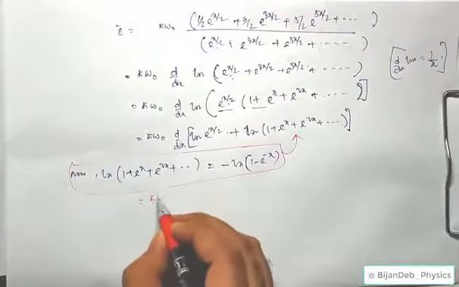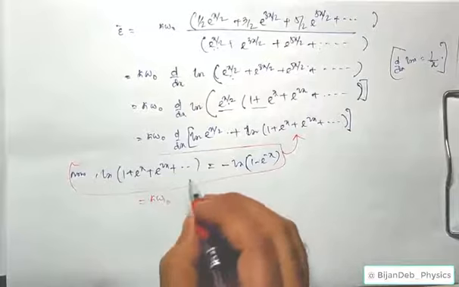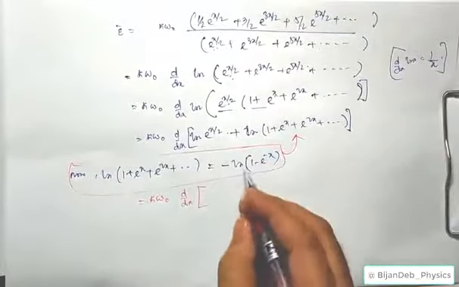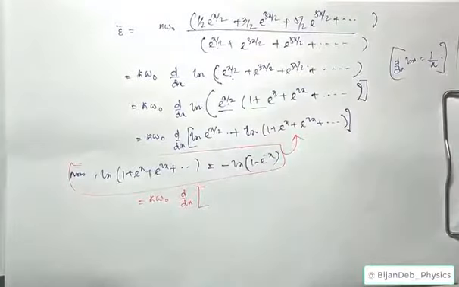So this we will substitute here. So what we will get, h cross omega 0 d/dx of ln e to the power x by 2. So we will substitute this. So what we will get?